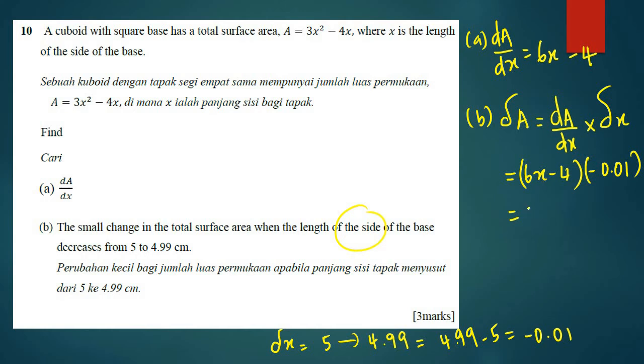The side is 5. 6 times 5 minus 4, times negative 0.01. So the answer will be 26 times negative 0.01, which is negative 0.26. So we can say the small change in the area is a decrease of 0.26.